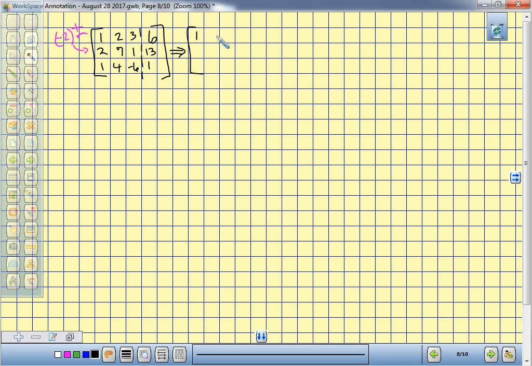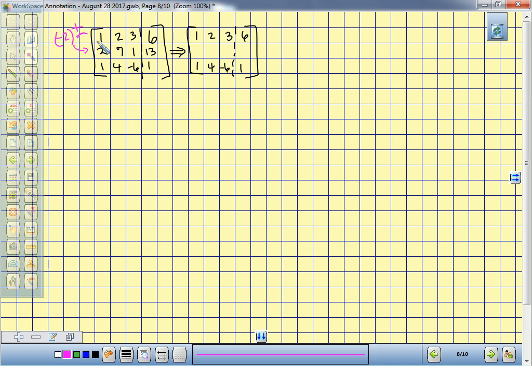But to combine that with matrices, we're going to think about this matrix: 1, 0, 0, 0, 1, 0, 0, 0, 1. What is that? That's the identity. And what we want is for this to give us our x, our y, and our z. We have a little dash line, and this is where we have our augmented matrix.